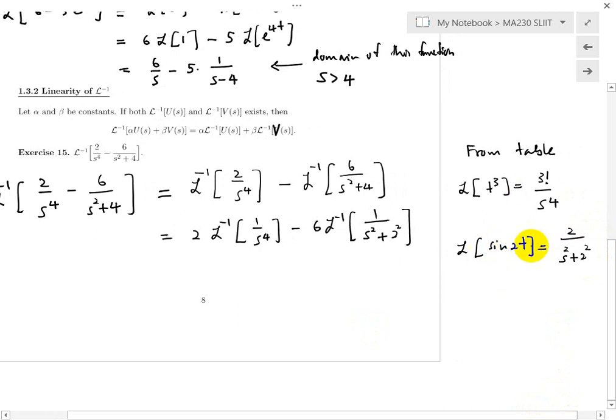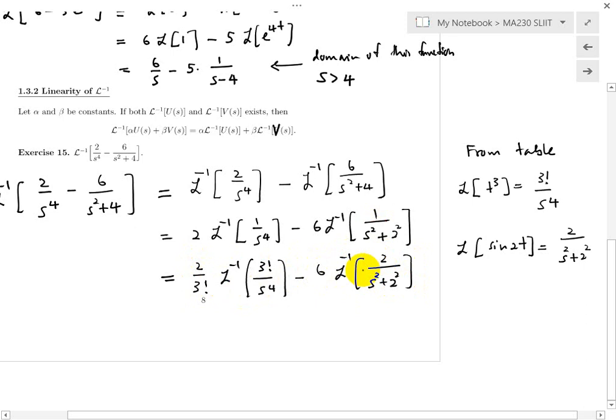If you look at these things from the table, you should see that if you put factorial 3 here, since this is s to the 4, you have to divide by factorial 3. And here you need 2, so this is s squared plus 2 squared.